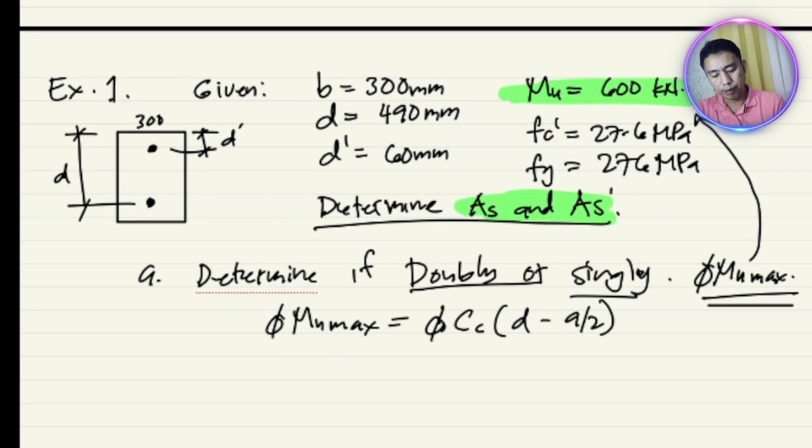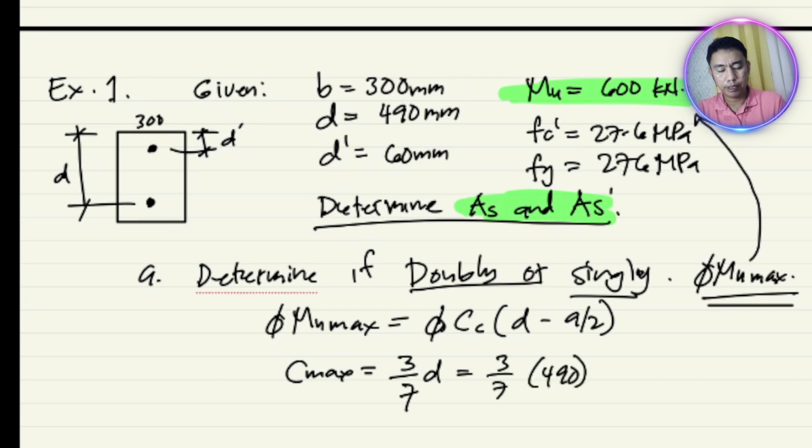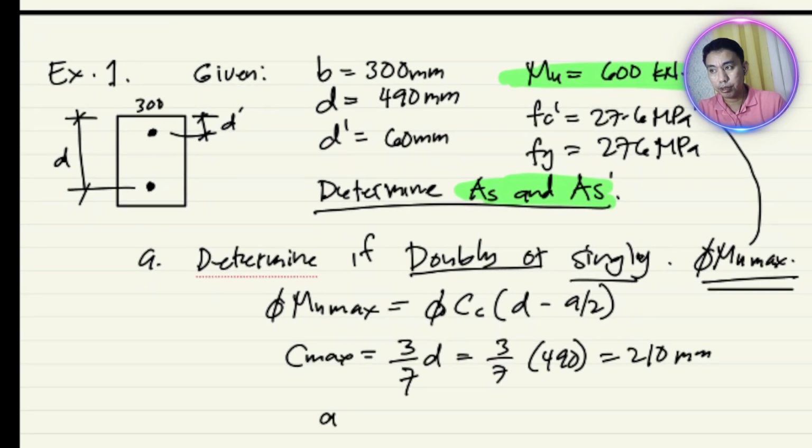We start from the Cmax. Cmax, that is the maximum distance of neutral axis to the top of the beam. So we have 3 over 7 of D. So this is 3 over 7, 490. Ang D natin is 490. This is 210 mm.